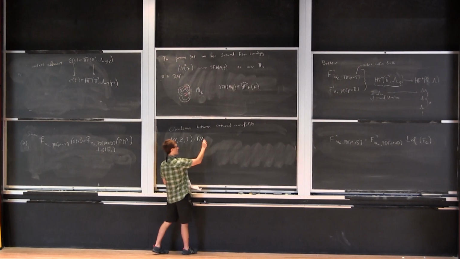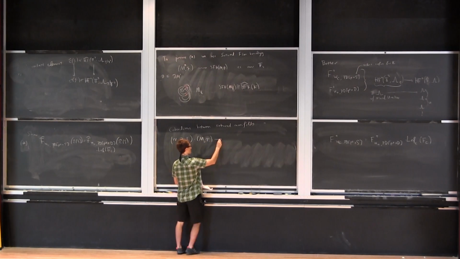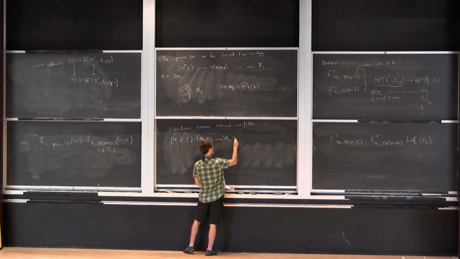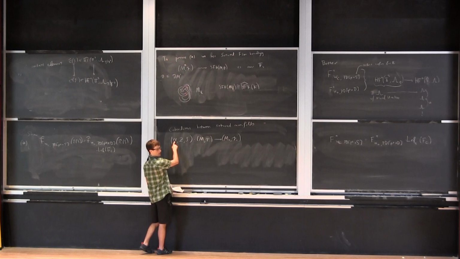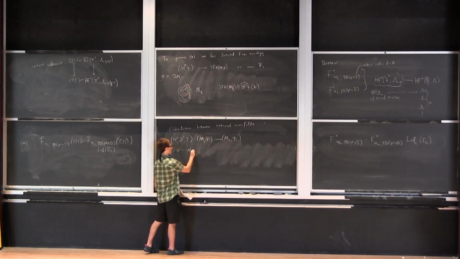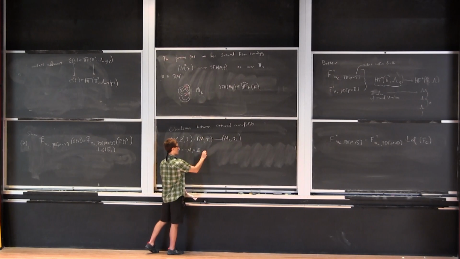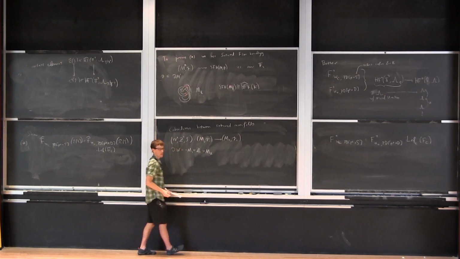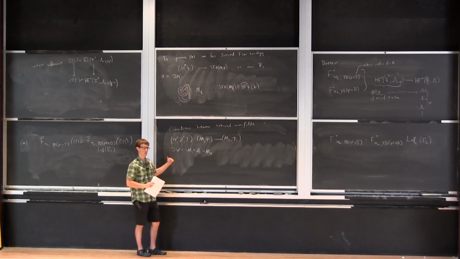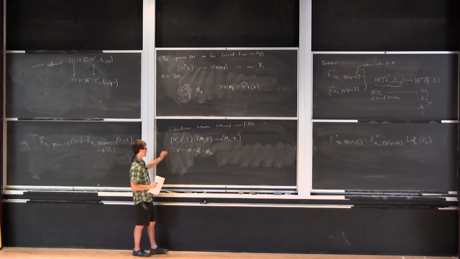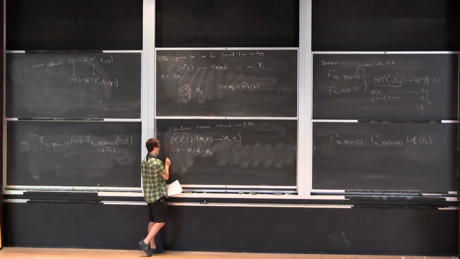So a cobordism from M1, gamma 1 to M2, gamma 2 is an oriented compact 4-manifold W, and Z is a 3-manifold, so that the boundary of W is equal to minus M1 union Z union M2. So we think of W as having sort of horizontal and vertical boundary. I'll draw a picture in a second.